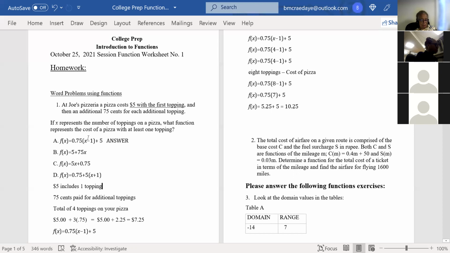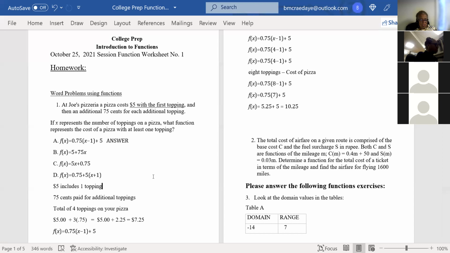That's why you subtract out the one. If it didn't include it, like if it's $5 with no toppings, then you would put the whole number of toppings times the 75 cents. Got it?